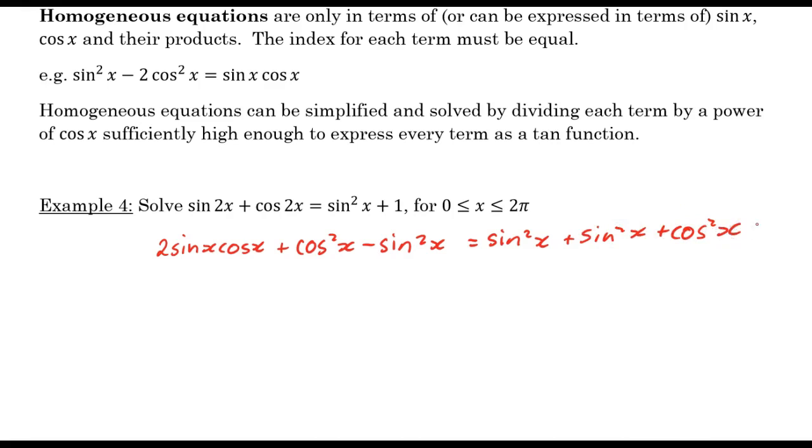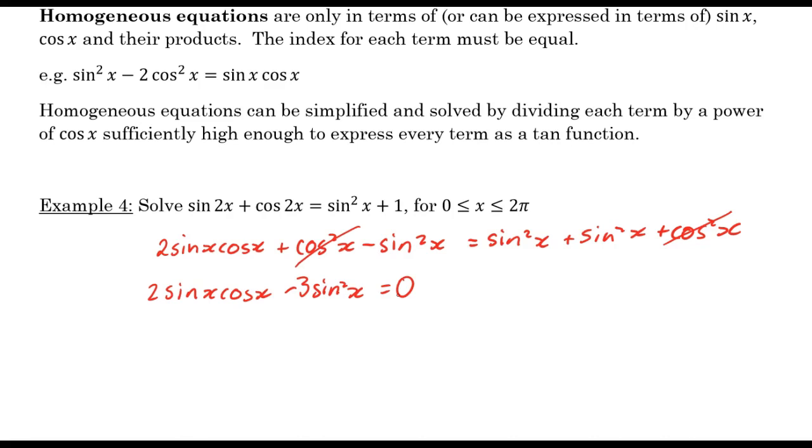Certainly seems to have been making life difficult here, but we can collect a fair few terms. So if I look at the sine and coses, cos squareds, one on each side, they can cancel out. Sine squareds, I'm going to have 2 sine x cos x minus 3 sine squared x equals 0.